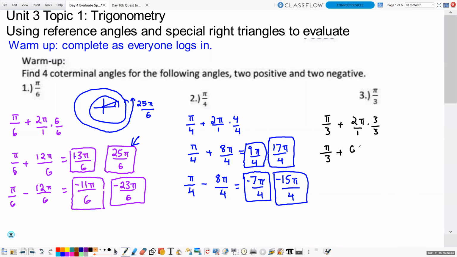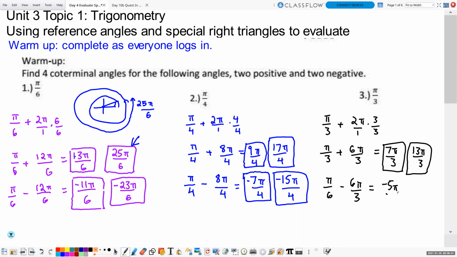Pi over 3 plus 6 pi over 3 would be 7 pi over 3. Plus another 6 would be 13 pi over 3. Now we'll do pi over 3 minus the rotation, and that gives us negative 5 pi over 3. And we'll go backwards again, and that would give us negative 11 pi over 3.